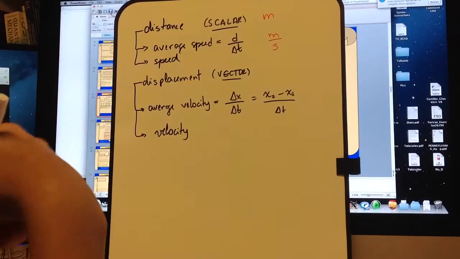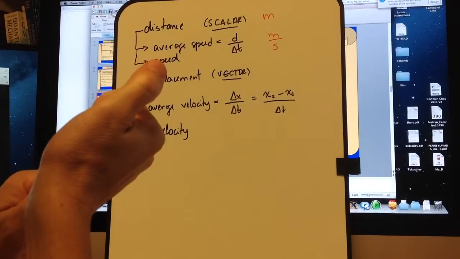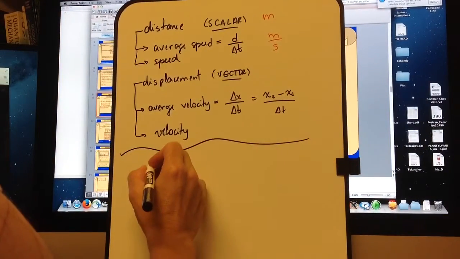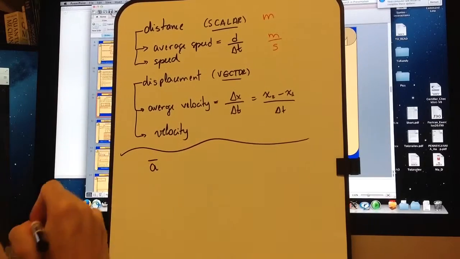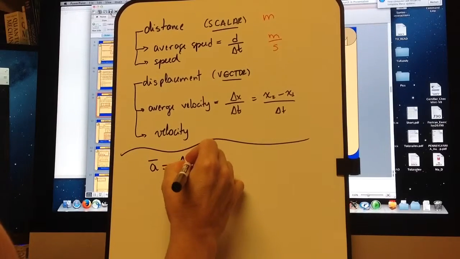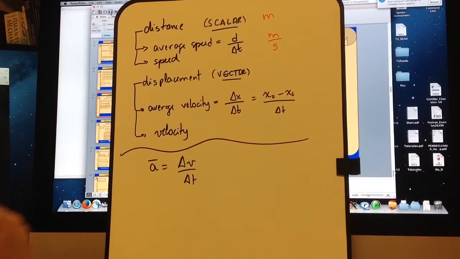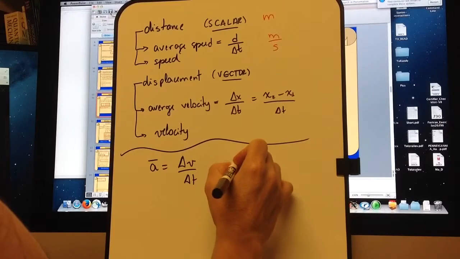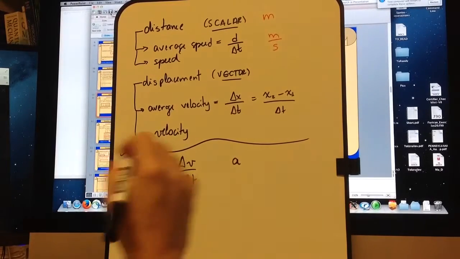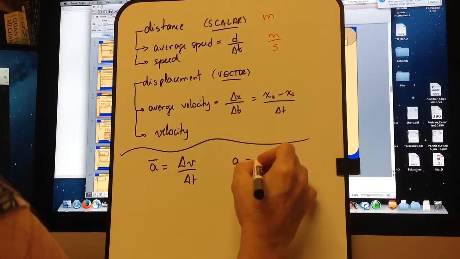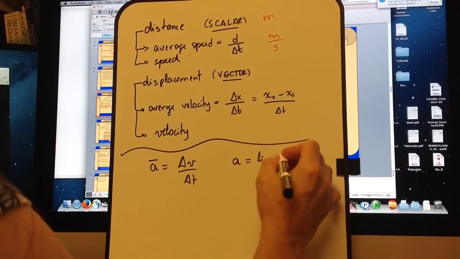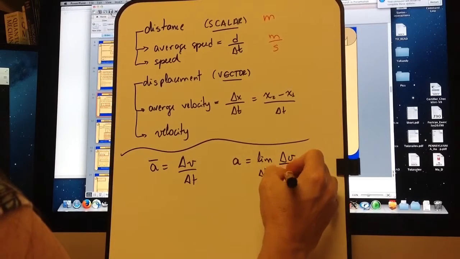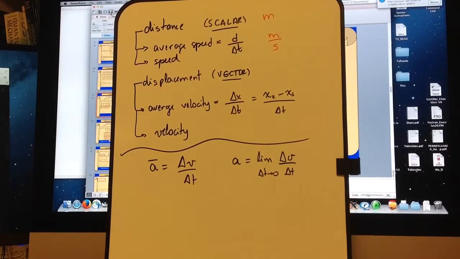All right, and later we also talked about acceleration. If the velocity changes, then we can define an average acceleration, which is the change in velocity over the time. And similar to instantaneous velocity, we can also define an instantaneous acceleration, which is that ratio, but when the time interval is extremely small, right? Okay, how about the units?